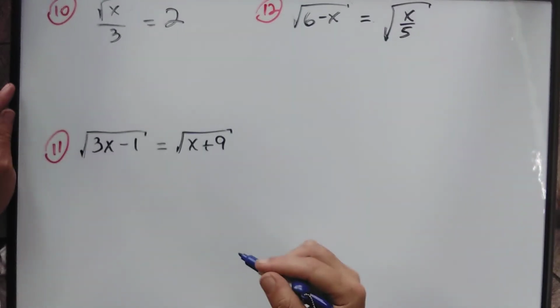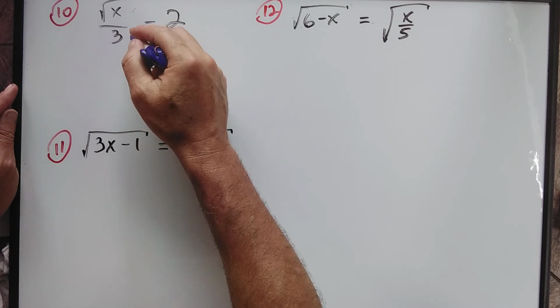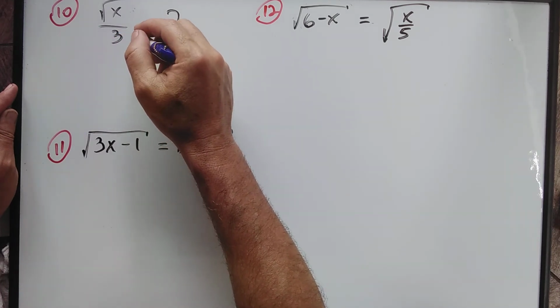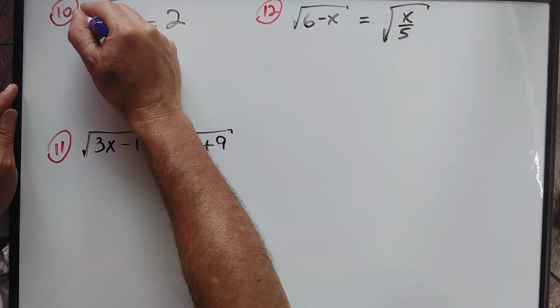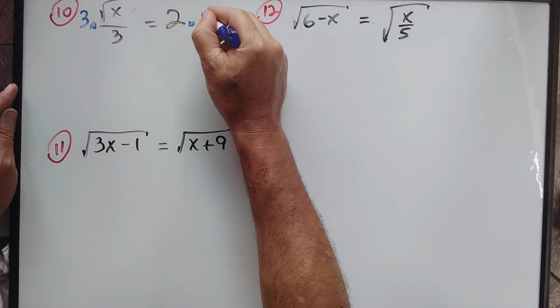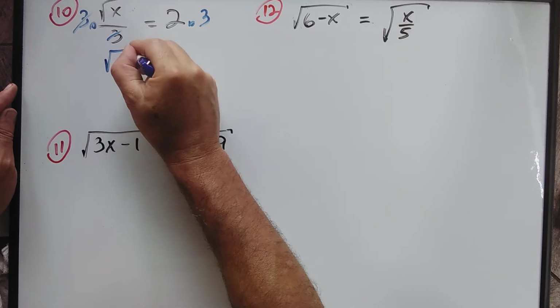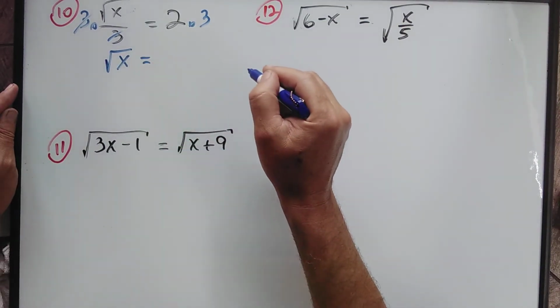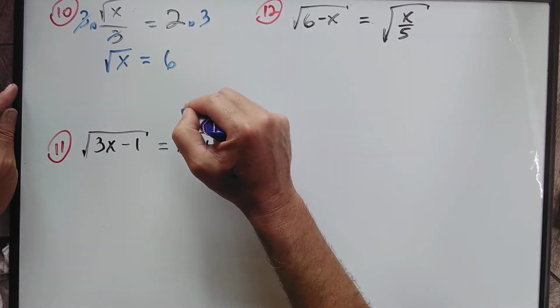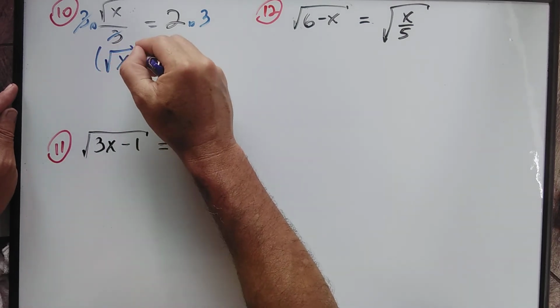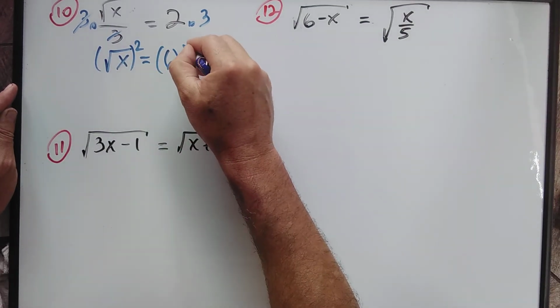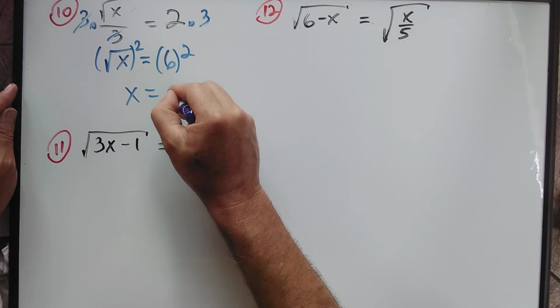But now the 3 is out of the picture, it's not inside the radical, so at this point I'm gonna multiply both sides by 3 to leave the radical by itself. So that's going to cancel out. I get the square root of x equals 2 times 3, which is 6. And then we just square both sides. Are we done? X equals 36.